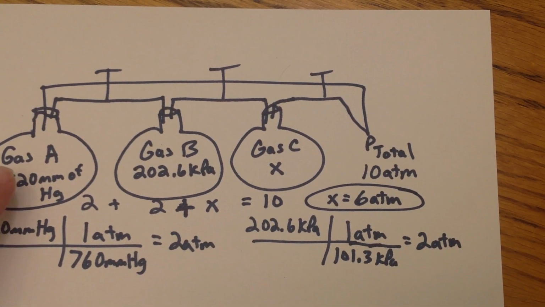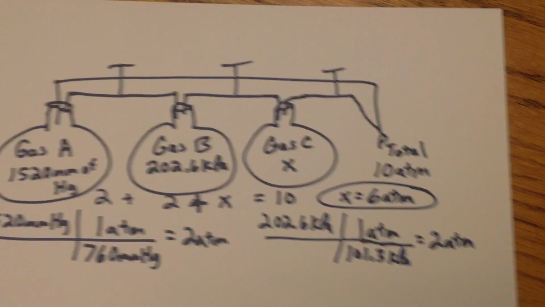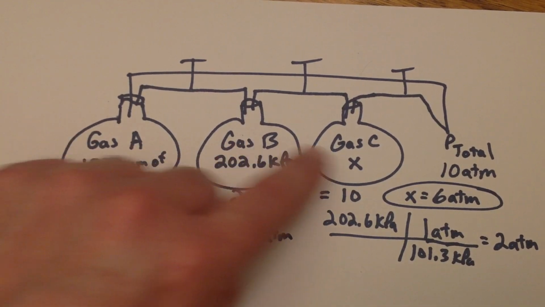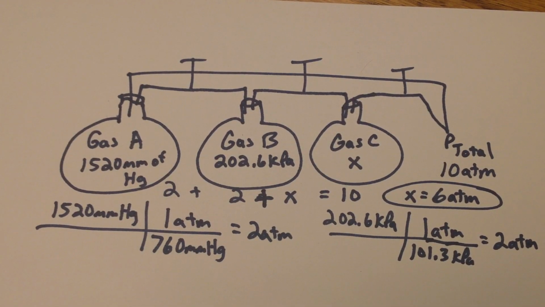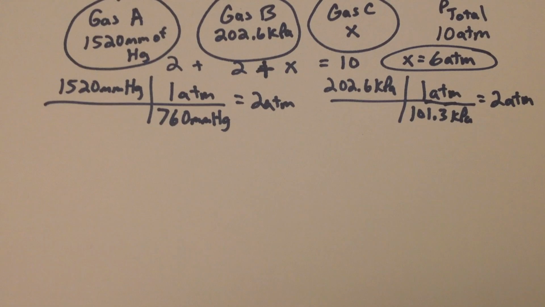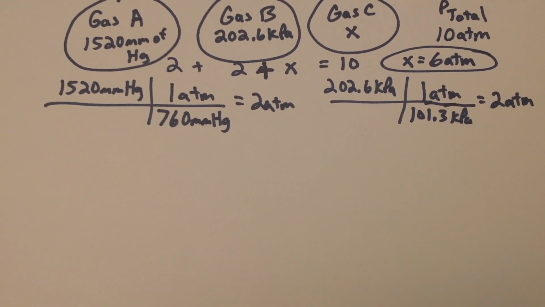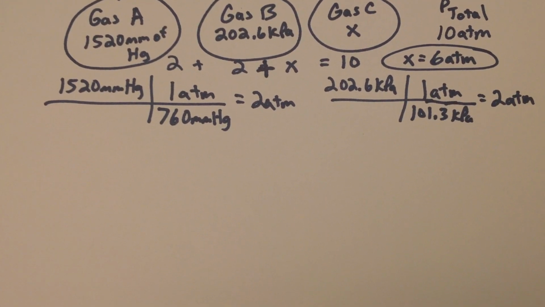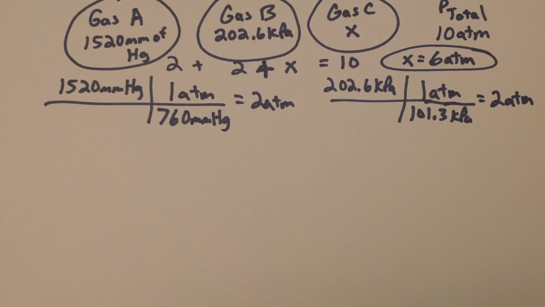Be sure that you look at the picture that I'm going to send along with this to show you what these actually look like connected to a hose with T-clamps. What if we had another picture where we had a glass tubing and it looks like water is being suspended in that gas tubing?